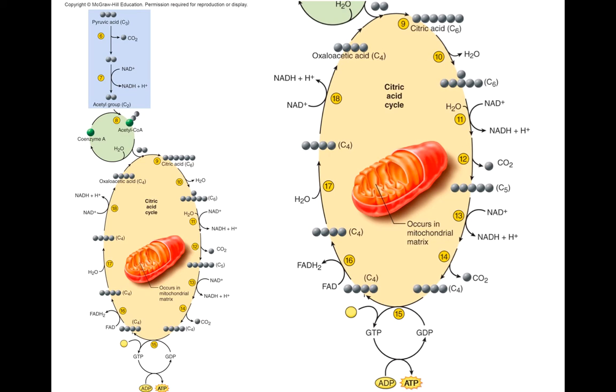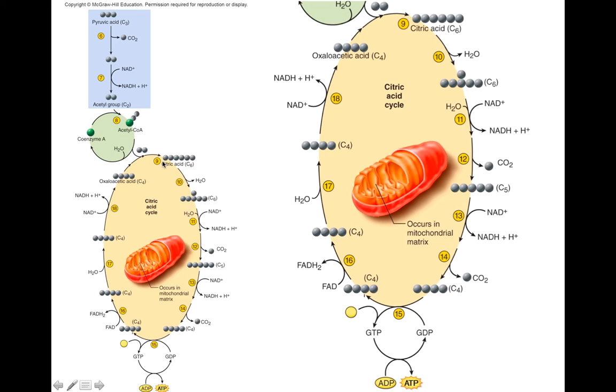Remember that for each molecule of glucose that goes into glycolysis, you make 2 pyruvic acid. Going back to this picture on the left side, 2 pyruvic acid will make 2 acetyl-CoA. So here's 1 acetyl-CoA that's carbon going through, and then the second one will head into the Krebs cycle.